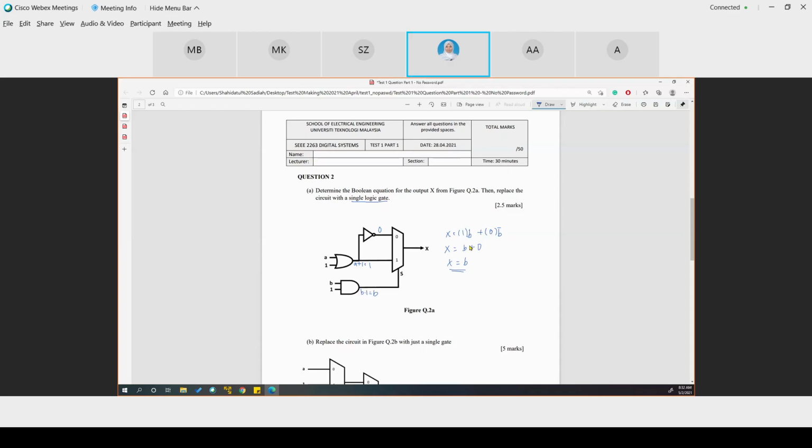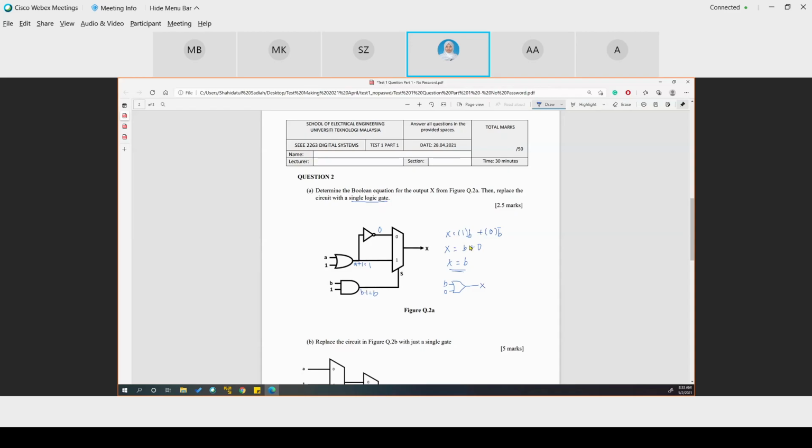So there are 3 logic gates. Whether we are using OR gates, B and 0, anything that is ORed will be the value.